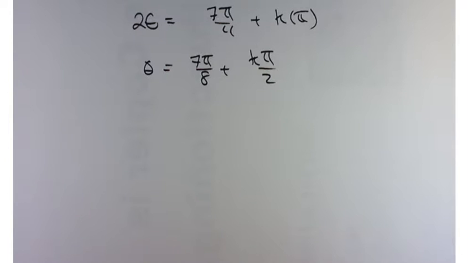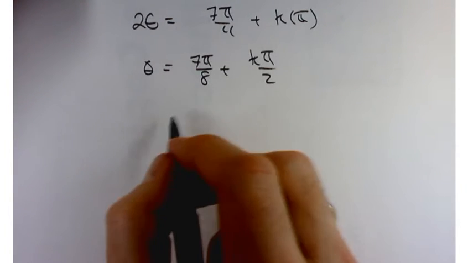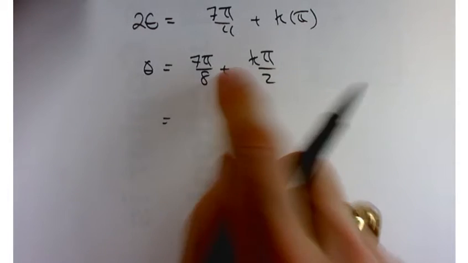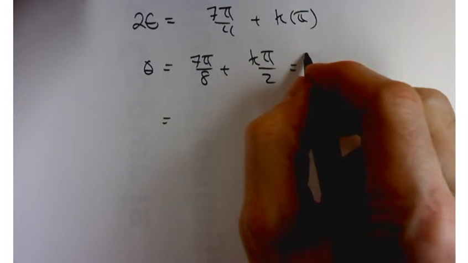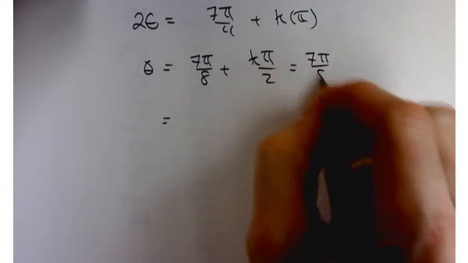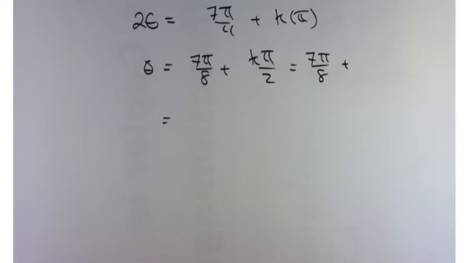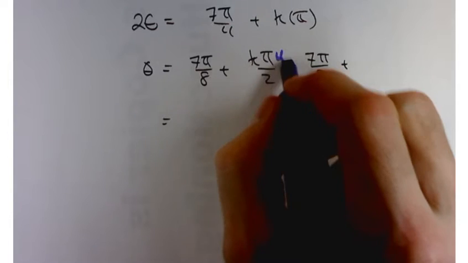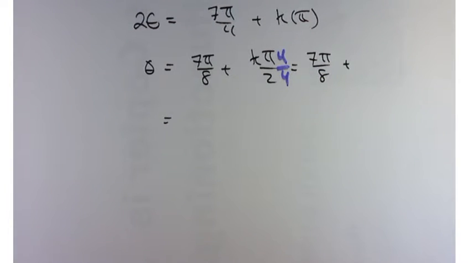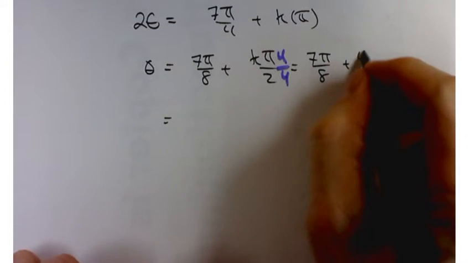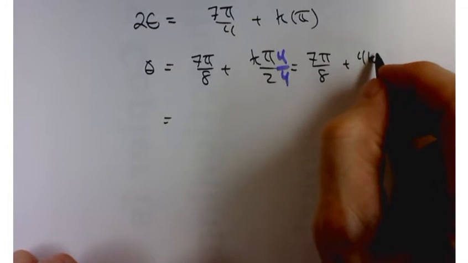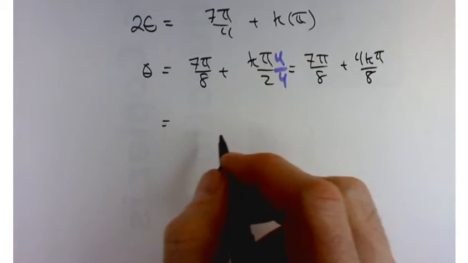And I want to squeeze this together to get me one nice solution, or one nice expression here. So part of that's going to mean getting a common denominator. What's the LCD for something like this? 8. So once again, I'm going to multiply by 4 over 4, and I'll get 4k times pi over 8.